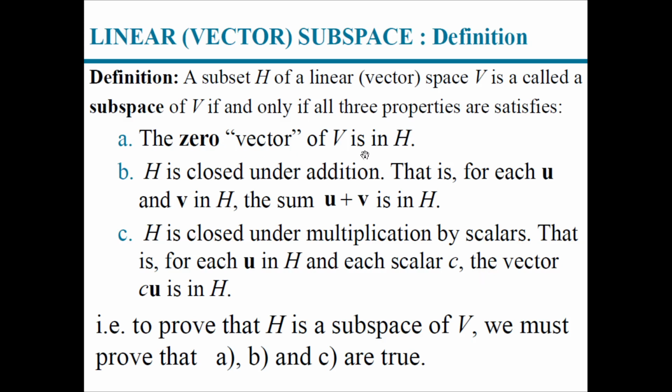So the 0 vector needs to be in H, so it's super important. If I have two people from H, u and v, and I add them, the result should also be in H, so this is closure under addition. And if I take somebody from H and multiply by a number c, any real number c, the result also needs to be in the set.